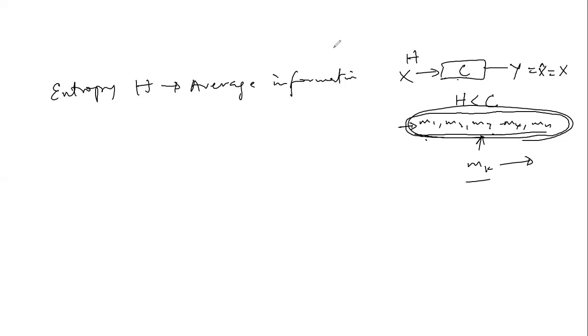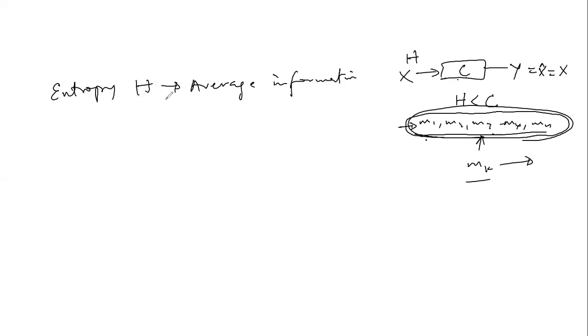So it means that your entropy is directly related to your information. Let's put it that way. So if your information is the measure of uncertainty in the random variable, now entropy is the average information.